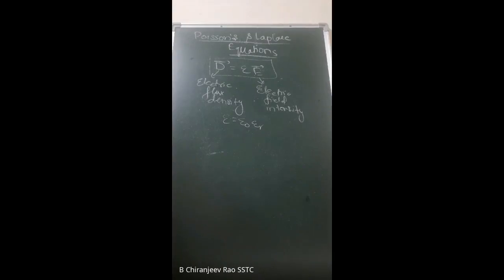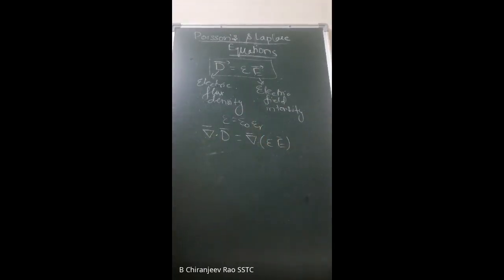Now if we take the vector operator on both sides, the vector operator on D is the vector operator on epsilon into E. So we are taking this vector operator on both the sides.